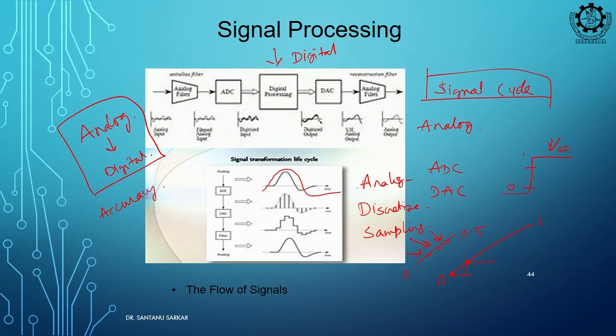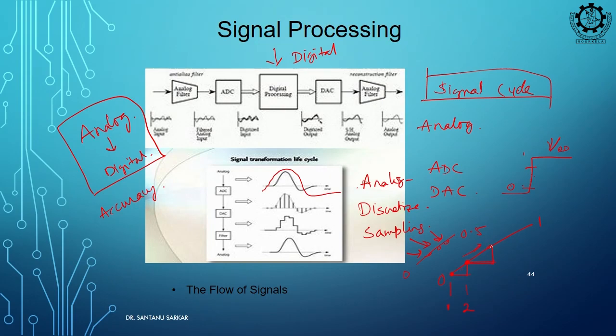This is known as the quantization noise or quantization error, because I am converting a continuous signal to a stepwise discrete signal. So, this level I will sample. This is my first step, this is my step 2, and I will take some time to convert it to the equivalent digital value, and by that time my input has moved.